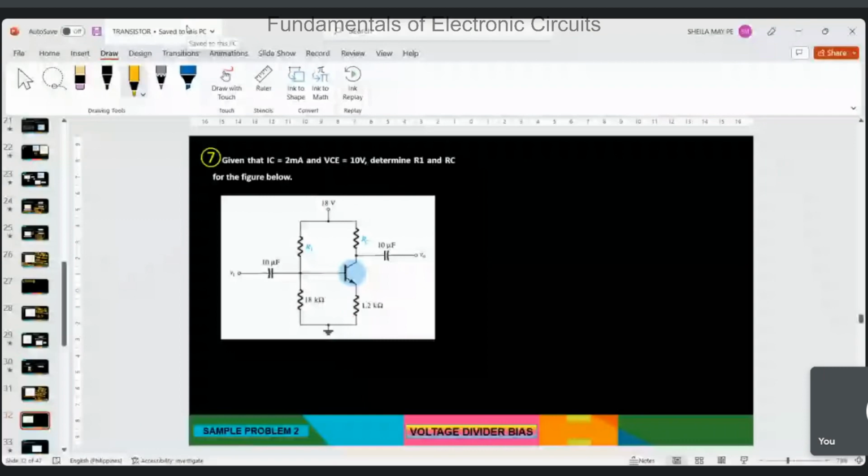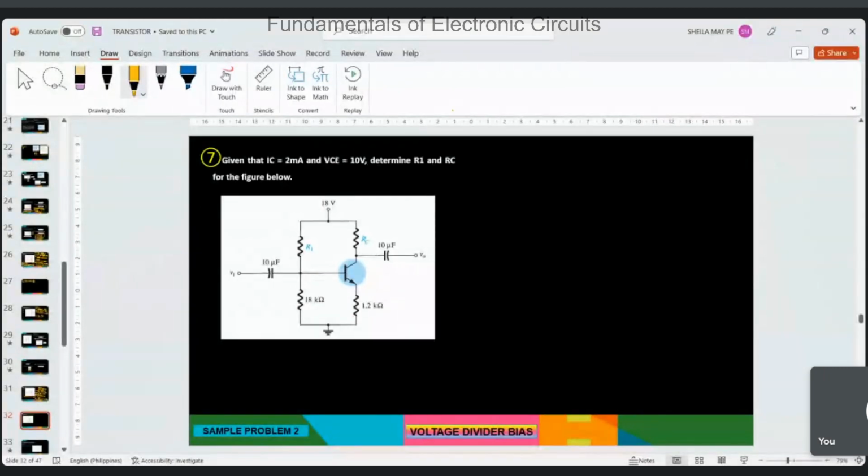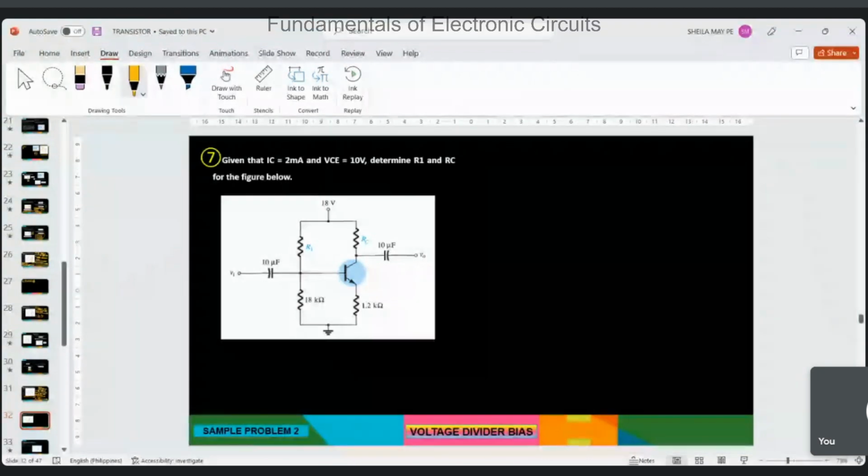Given those conditions, 2 milliamperes and 10 volts of VCE, we can determine R1 and RC for the given figure. Now first, unsay mga given, si IC and VCE, na inyong hunahunaon asa na nato magamit. Si IC, asa man nato magamit si IC?